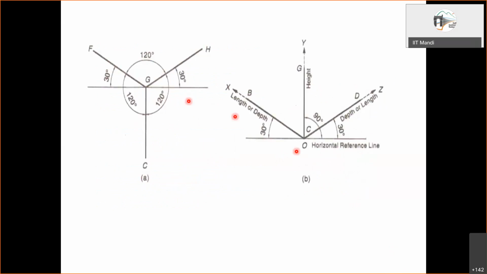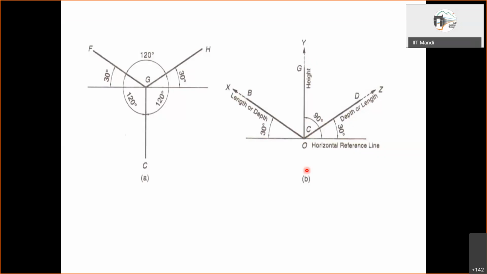Both are drawn over here. In this one in particular, you can see the significance these lines will have, which is mentioned. If you consider this one, here we can have either depth or length. Likewise along this we can have depth or length, and height will be along this.